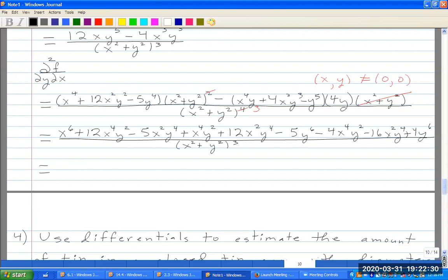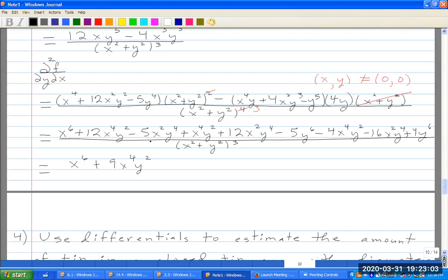So this is equal to x to the 6, 12x to the 4th y squared plus x to the 4th y squared, that'll be 13, minus 4x to the 4th y squared.